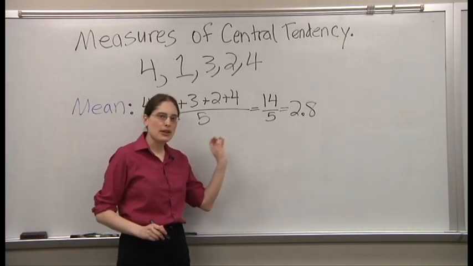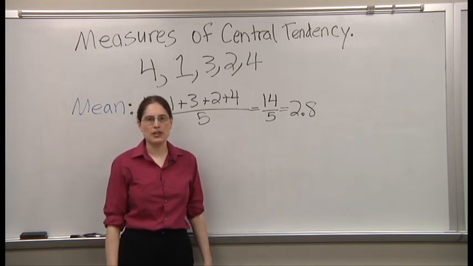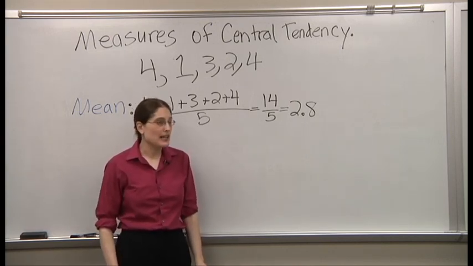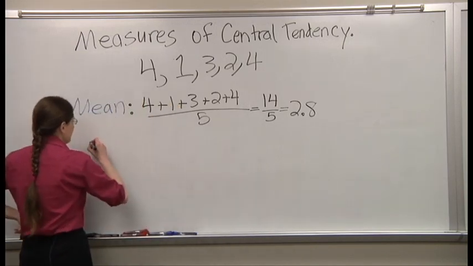We have a special formula for the mean. Why should I have a special formula for something that you might have learned how to do in elementary school? Because I want to introduce you to new notation.